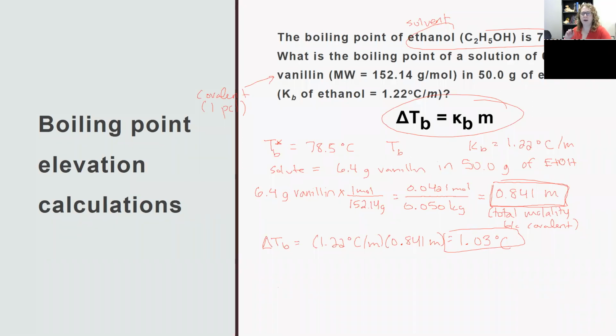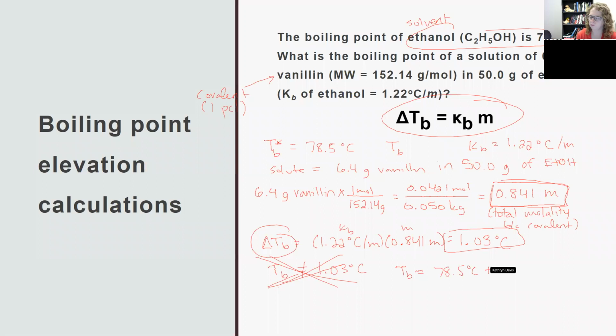Okay, when I use my delta T_B equation, I find that the kappa B times the total molality is 1.03 degrees Celsius. Now, what I need you to understand, like we've talked about before, this doesn't mean that the boiling point is 1.03 degrees Celsius. Don't do it, right? I've calculated the delta. That means that the new boiling point is really, let's look at the old boiling point, 78.5 degrees Celsius.